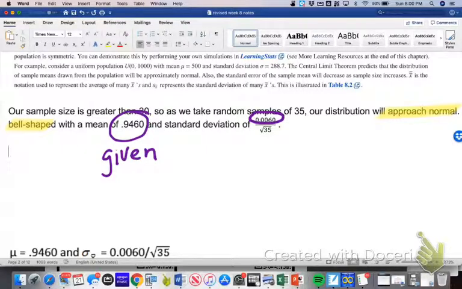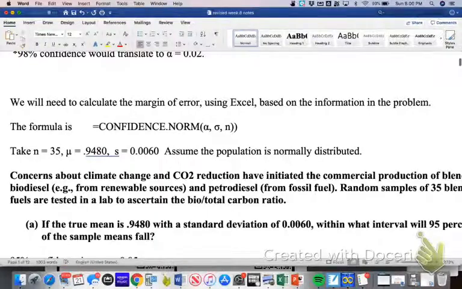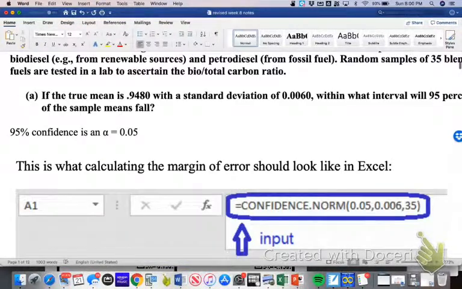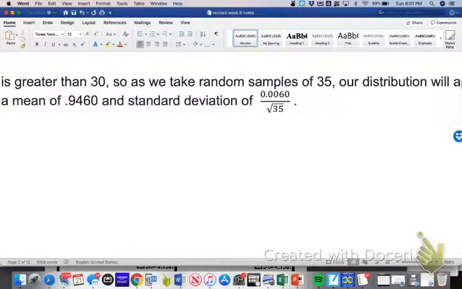That's the standard deviation that I was given above. Right here, that 0.0060 that I was given in the problem, that's where it came from. So we take the standard deviation in the numerator and we divide it by the square root of n.